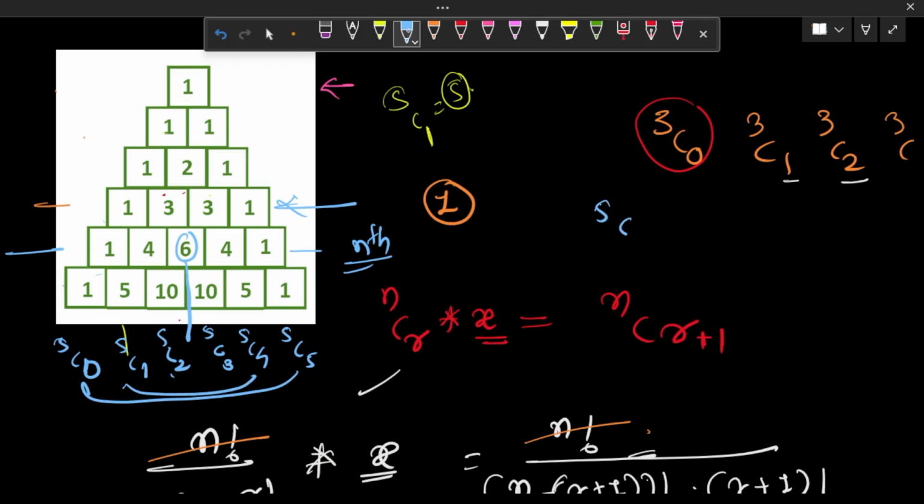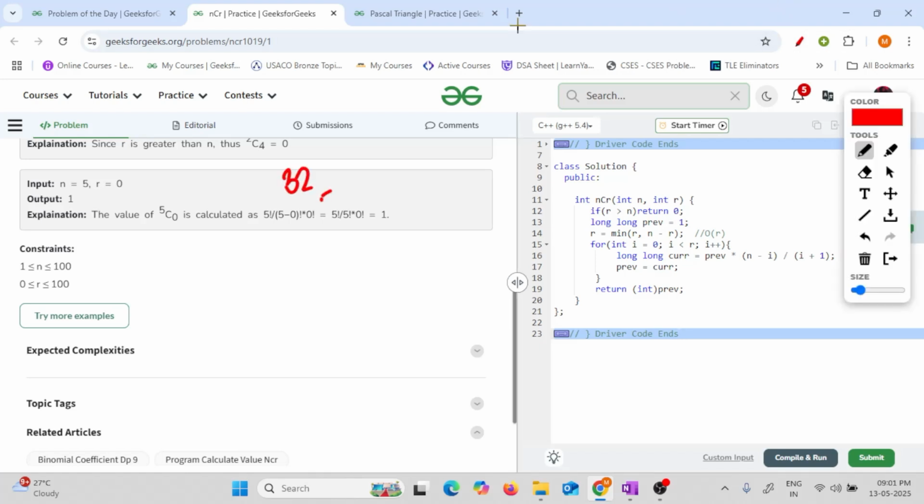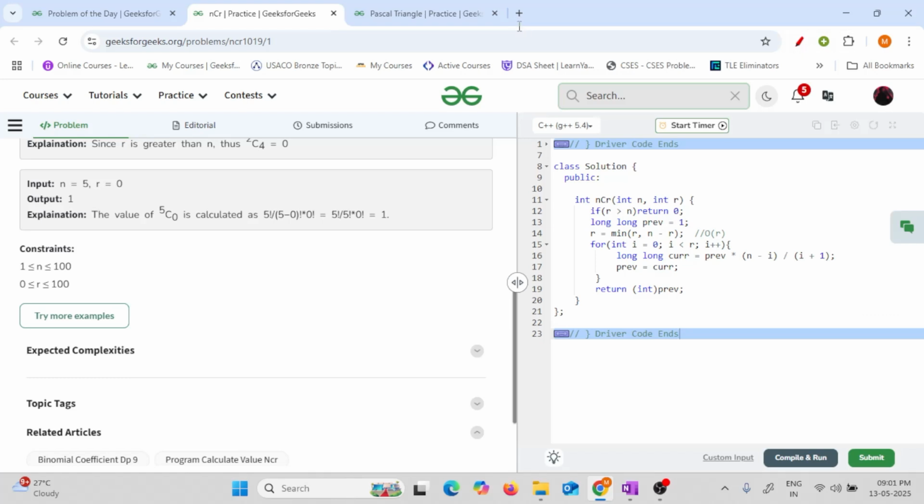If I get 5C4, I can use 5 minus 4, which is 5C1. 5C4 and 5C1 are the same. That's why I'm updating r, because if you do big multiplications like 32 and 31, it gives integer overflow and the wrong answer. Since we are doing division and multiplication at the same time, there is a 90% chance it will give a wrong answer. So that's why I'm updating r.